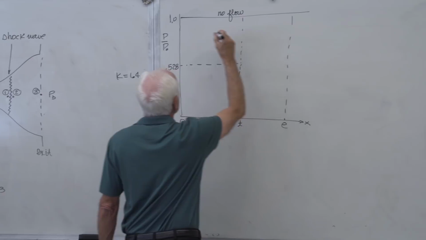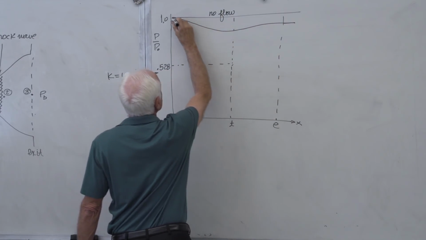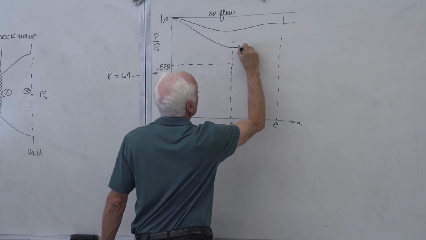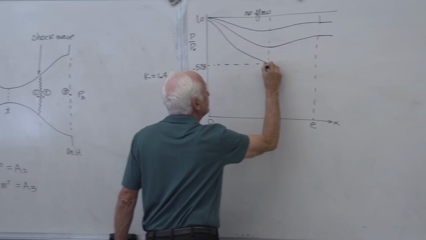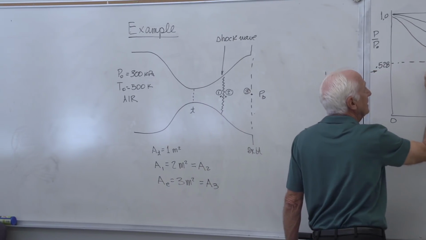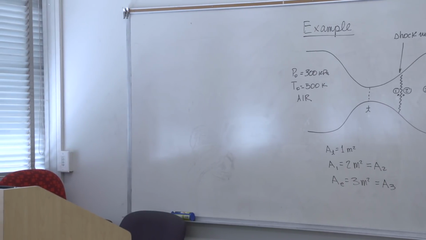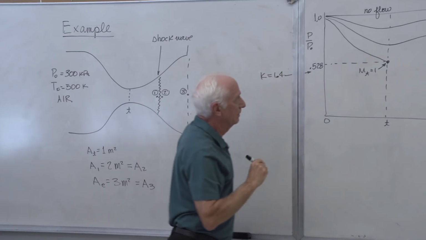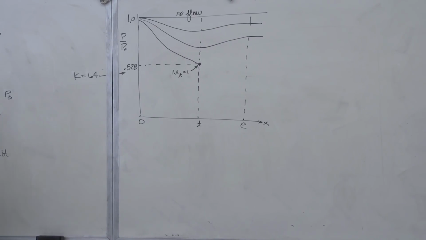As we reduce the back pressure, we start to get flow, and it looks like this. I'll draw a couple of curves here. If we keep reducing the back pressure, we eventually reach a Mach number at the throat equal to 1, at the magic number 0.528 for k of 1.4.